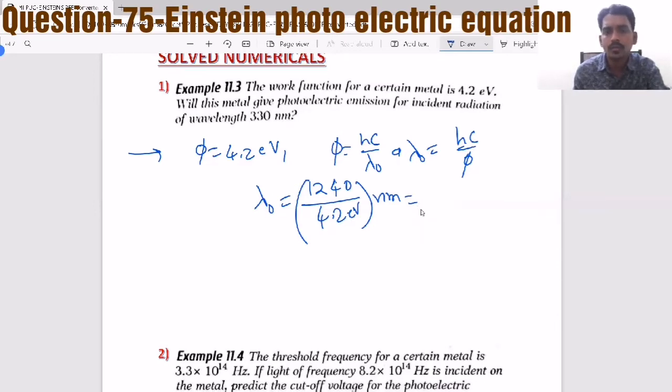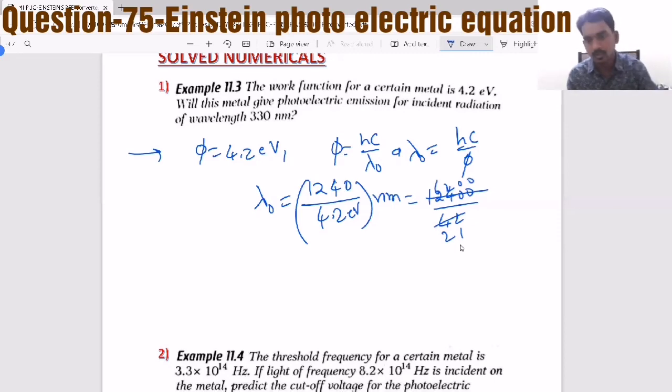1240 by 4.2, so 12,400 by 42. That will come around 290, approximately 300.